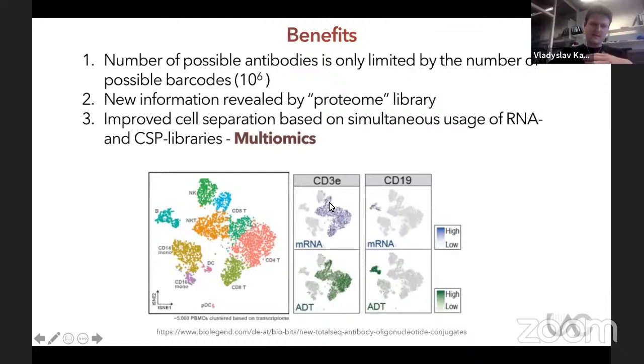As you might see, some T cells may express CD3 a little bit lower on the messenger RNA level, but if you look at the antibody level, you might see that the expression is much, much stronger and higher. The same, for example, with the basic marker for B cells. CD19 is a marker that can allow you to identify some naive B cells, and you can see that the messenger RNA signal is quite low here.